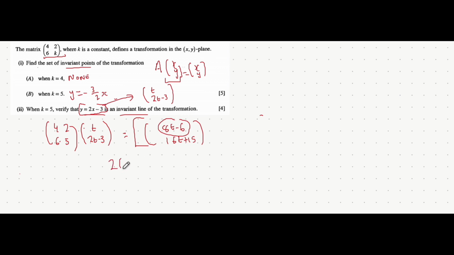So let's do that. 2 lots of 8t minus 6, all take away 3, is equal to 16t minus 12 minus 3, which is 16t minus 15. Sorry, I just realized one thing, this should be a minus 15. Sorry about that. And then yes, it does end up matching. So we say that y equals 2x minus 3 is therefore an invariant line of the transformation.